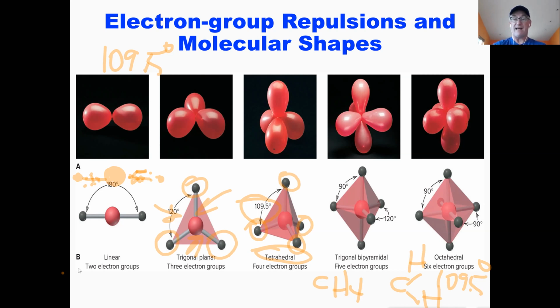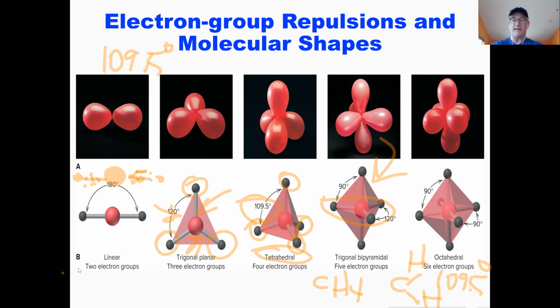Now, when we have 5, we have basically what looks like the trigonal planar, the 3, but stretched out. So we've got 3 around the outside, and then 1 on the top and 1 on the bottom. So there's basically 2 different bond angles.